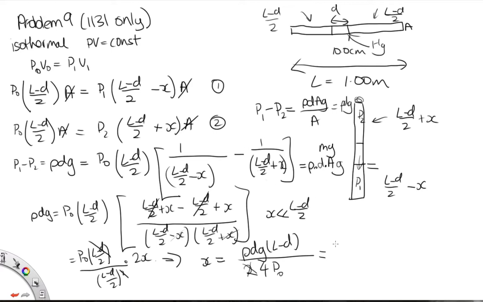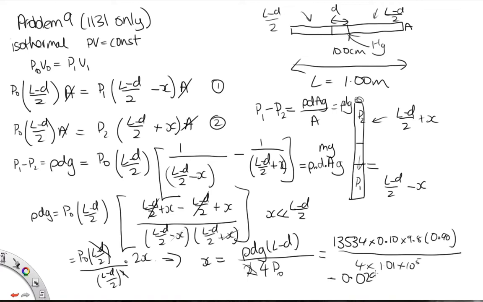In kilograms per meter cubed, it's 13,534 times d, which is 0.10, times g, which is 9.8, times (L - D), that's 1 meter minus 10 centimeters, so that's 0.90, all over 4 times, initially it was at atmospheric pressure, so that's 1.01 times 10 to the 5. Solving this on the calculator, we get 0.0295 meters, which is equal to 2.95 centimeters. So that's how much it moves in the isothermal case.